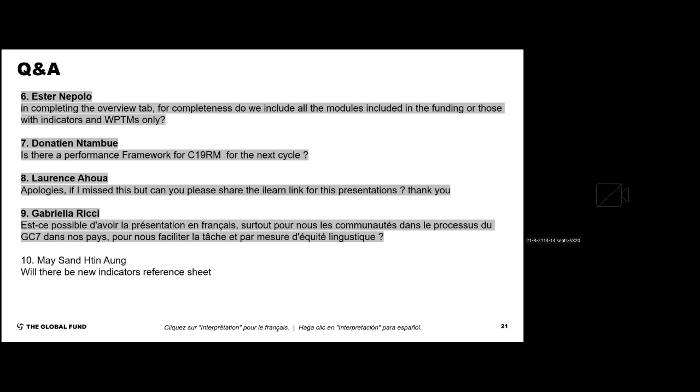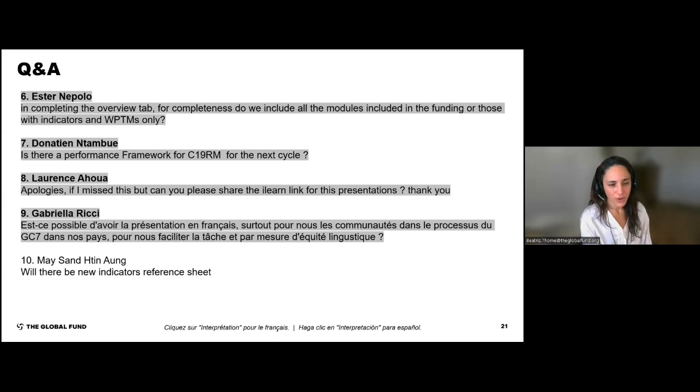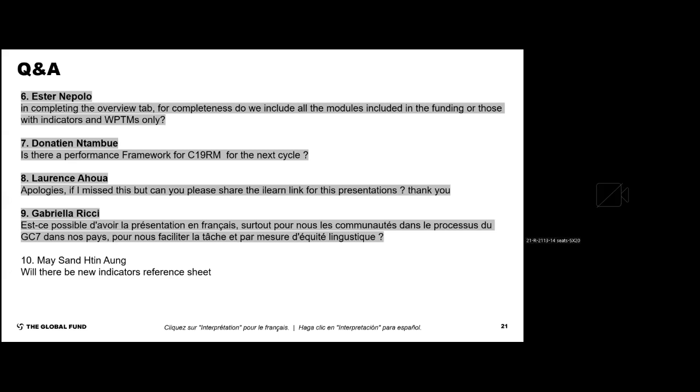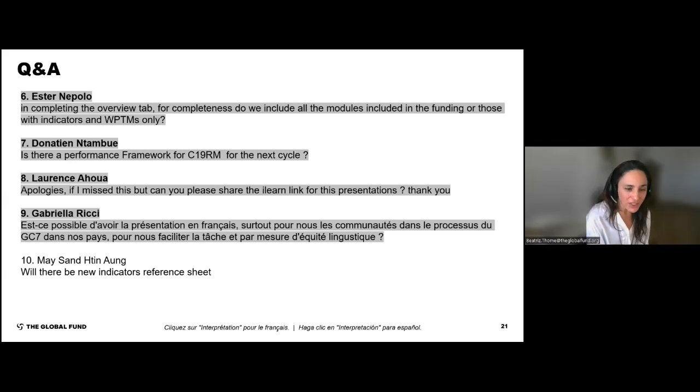Thank you. I think there's another question. Will there be new indicator guidance sheets? Yes, they are being finalized as we speak, because there have been changes in the modular framework, in particular with regards to RSSH indicators.